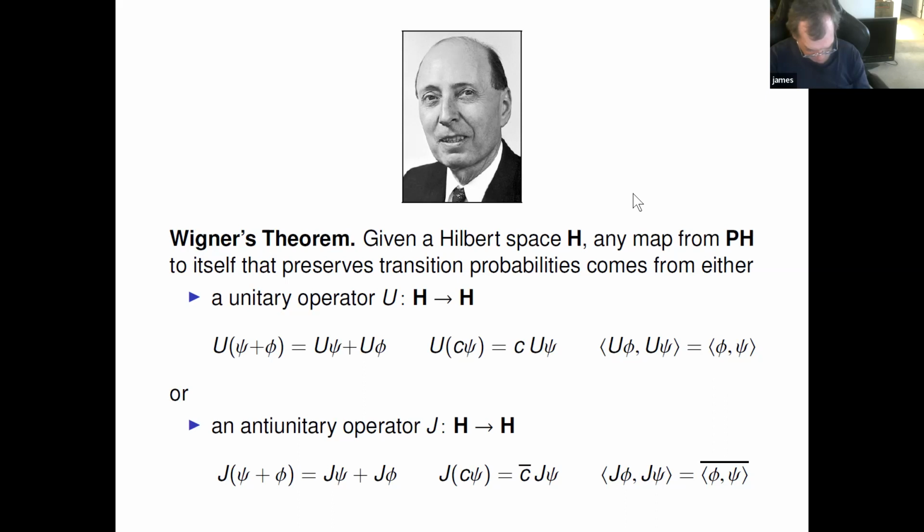Yeah. One thing I want to do is come up with a really nice proof of this. And I'll just tell you a really brief plausibility argument for it, which is this transition probability business, the absolute value of the inner product of two vectors squared. From that transition probability, you can actually cook up a formula for a metric on the projective space, which is the Fubini-Study metric, the usual maximally symmetric one.